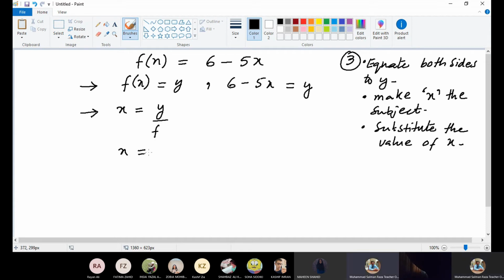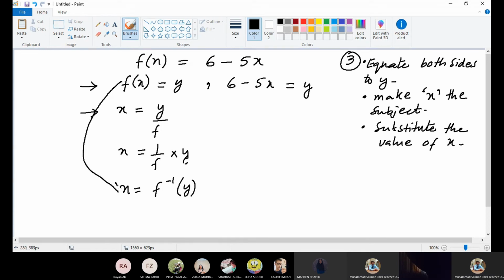And later on, it is going to become like this. After this step, you can directly do this step. And over here, it is going to become 6 minus y is equal to 5x. And then x is equal to 6 minus y over 5. So this is the second step.